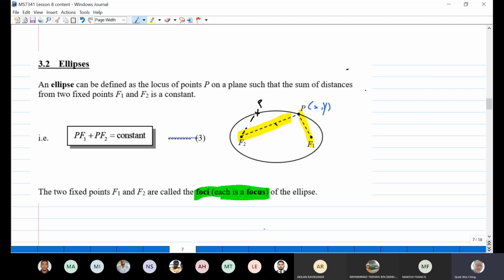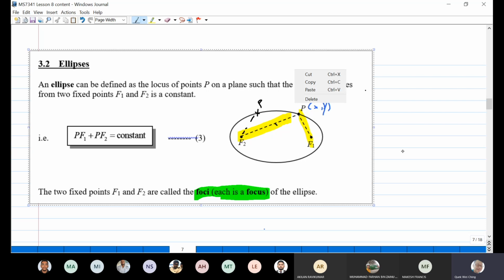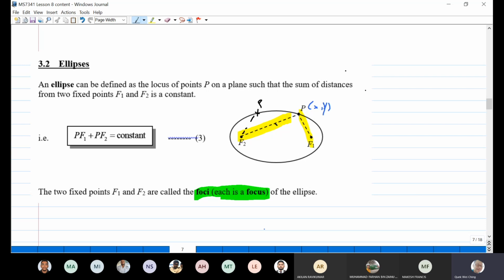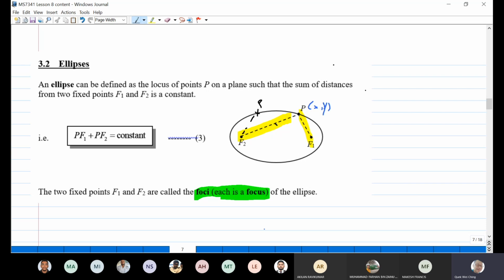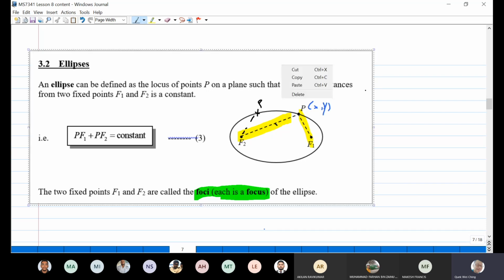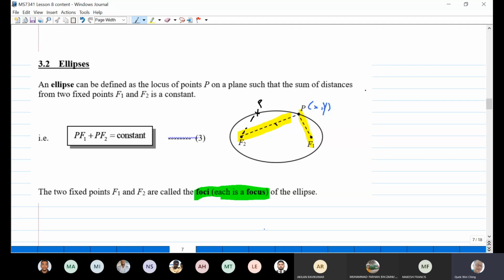What happened? I want to draw this now. You find that the length is the same.